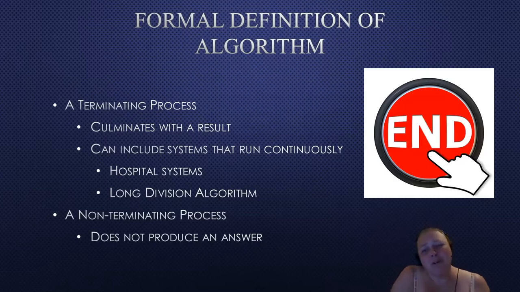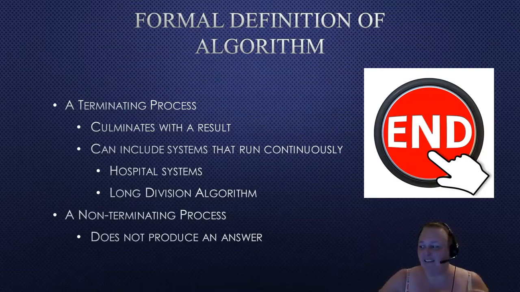You can make the argument, though, that that really is just a repeating algorithm where your result is the display of what the heart rhythm is. Okay, so you can see that even though we can look at it as unending, it does have an end. Now, any process that would not produce an answer would be considered non-terminating. Okay, something like a division problem that has no end, or things like that.